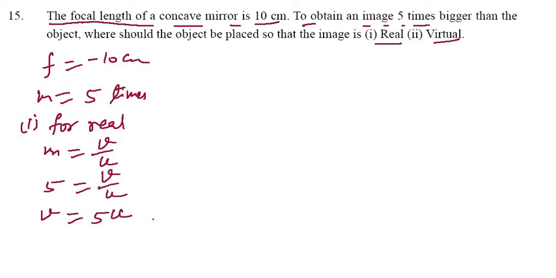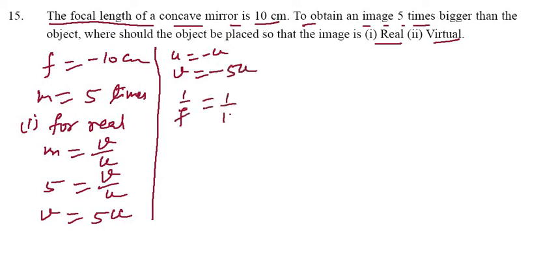Okay, for real image, we can apply the formula. As you know, U is equal to minus u, and V, for real in a mirror, is minus 5u. So put the formula 1 upon f is equal to 1 upon v plus 1 upon u.